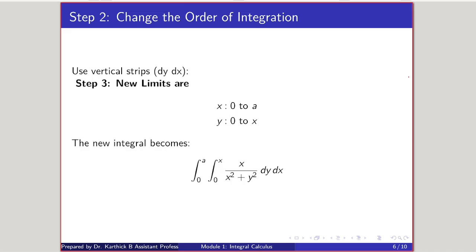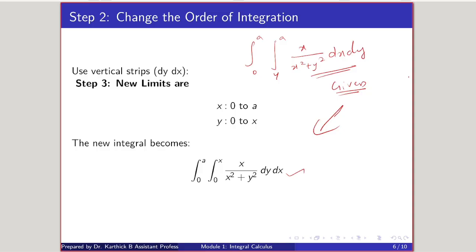So with this, I am getting a new integral. The older given problem was 0 to a, y to a, x by x square plus y square dx dy. So this is the given function. After changing, it becomes the same: x by x square plus y square.